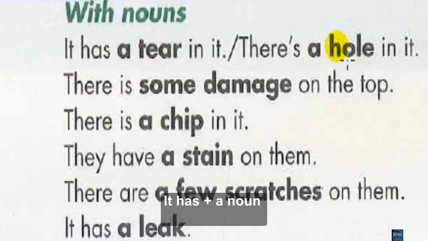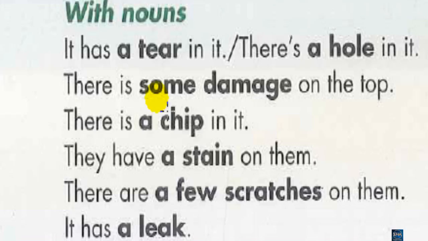A tear, a hole, a chip, some damage. So we say there is or it has plus a noun. Like a leak, a tear, a hole, a chip, a scratch. There is a scratch if it's just one scratch.